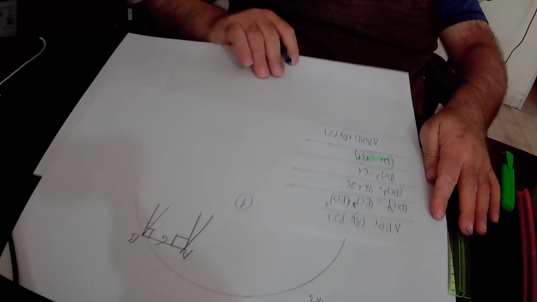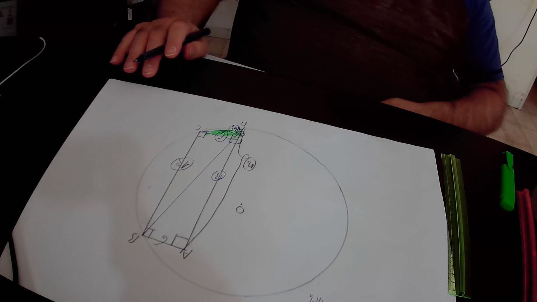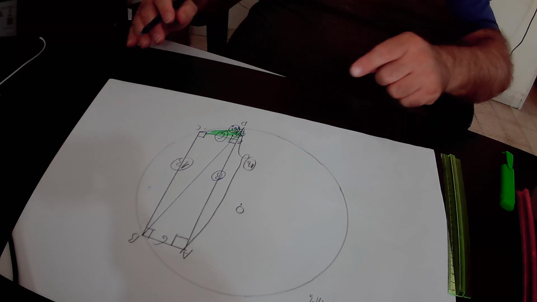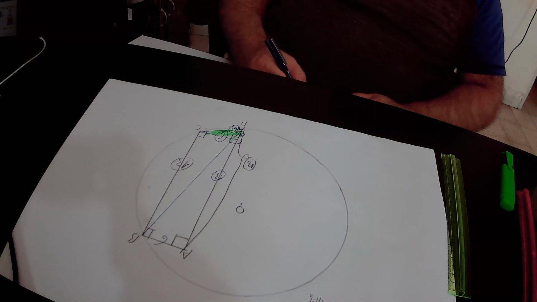According to the Pythagoras theorem, the square of the hypotenuse equals the sum of the squares of the perpendiculars. The hypotenuse in the right triangle ABD is BD, therefore the square of the hypotenuse is BD squared.